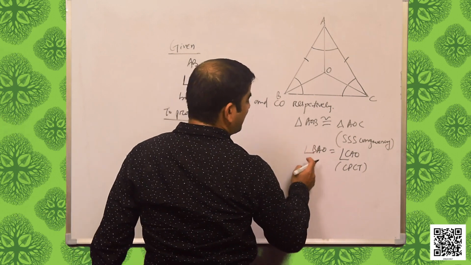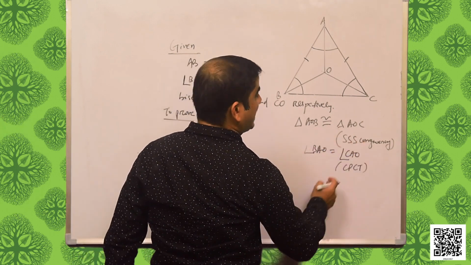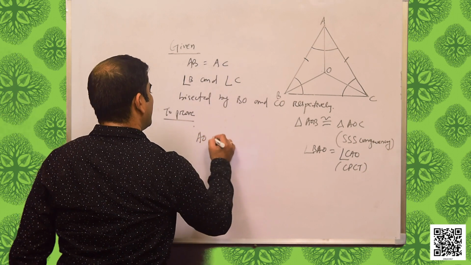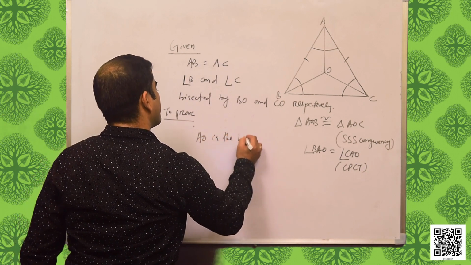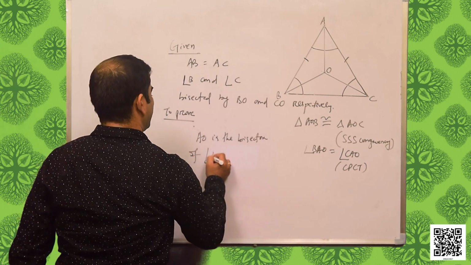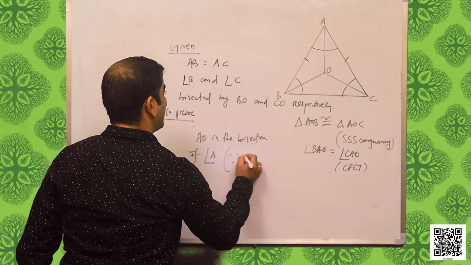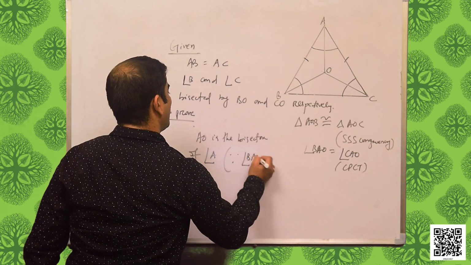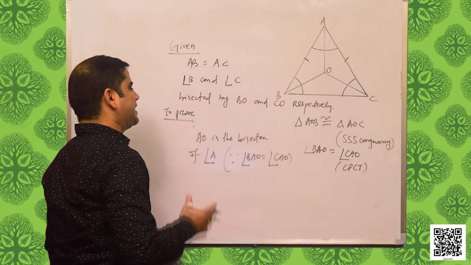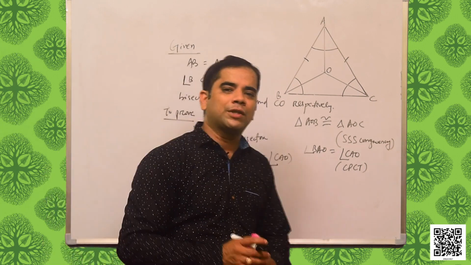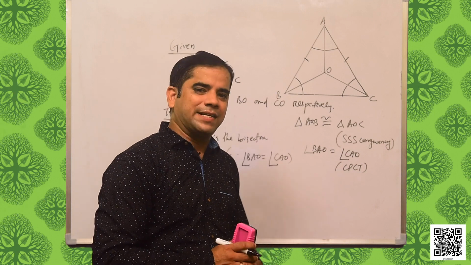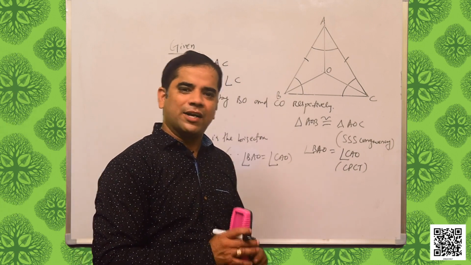As angle BAO is equal to angle CAO, it is proved that AO is the bisector of angle A. Why? Because angle BAO is equal to angle CAO. So in this way we have proved both the bits, that is, OB is equal to OC and AO bisects angle A. Hope you understood.